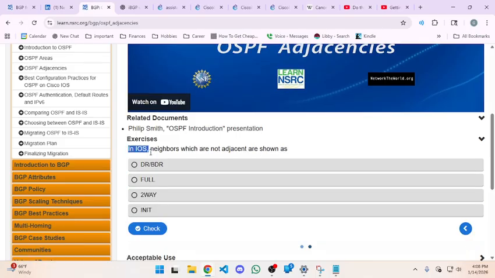All right, and in Cisco IOS, neighbors which are not adjacent are shown as what? Which are not adjacent.